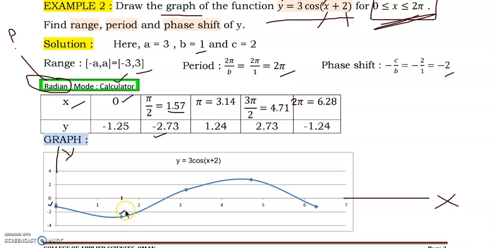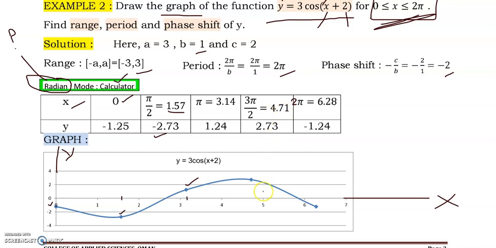Now x is 3.14, y is 1.24. This is x 3.14, and y is 1.24 here. So this is the third point. Now the fourth point, x is 4.71, y is 2.73.